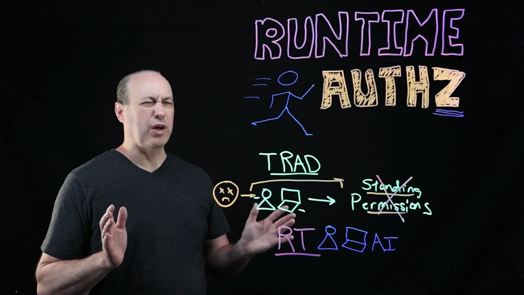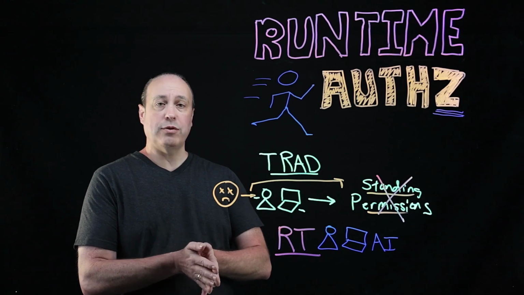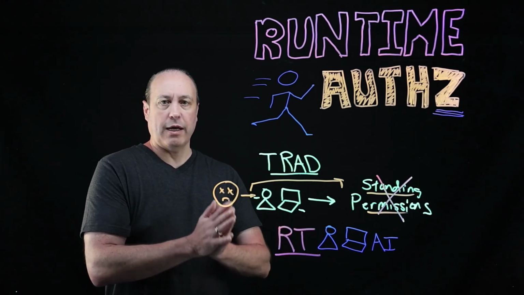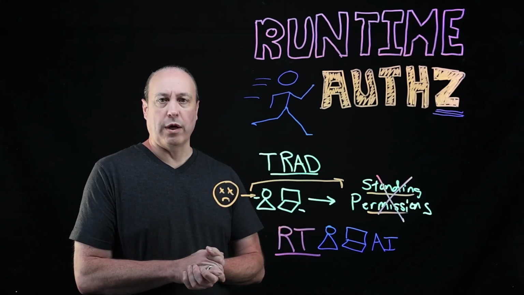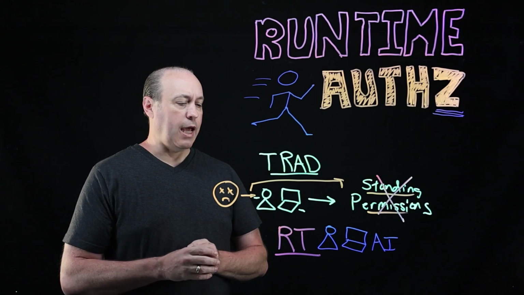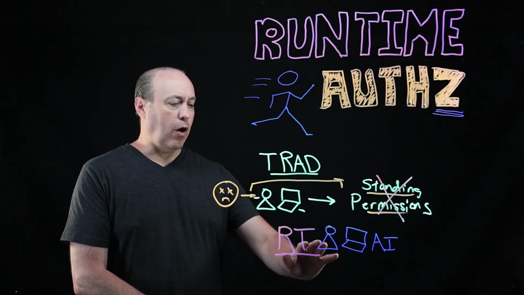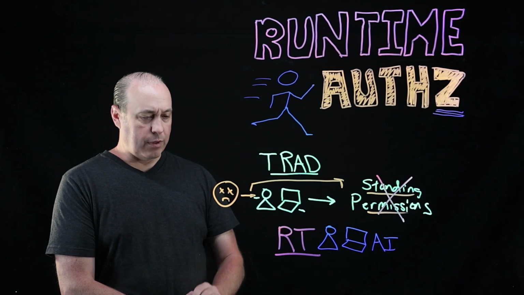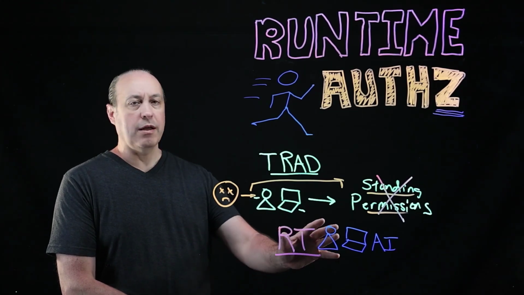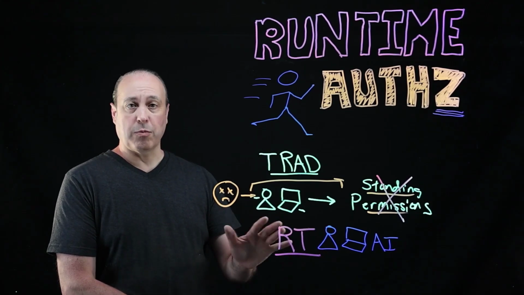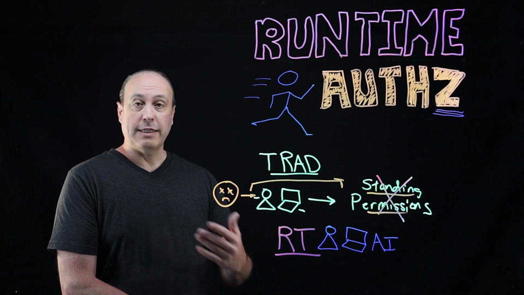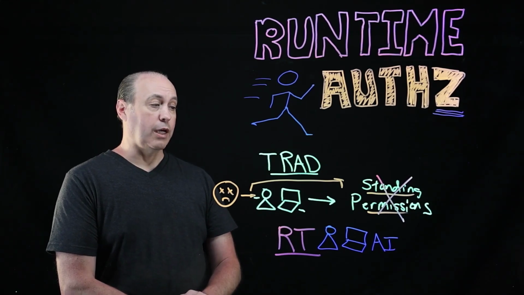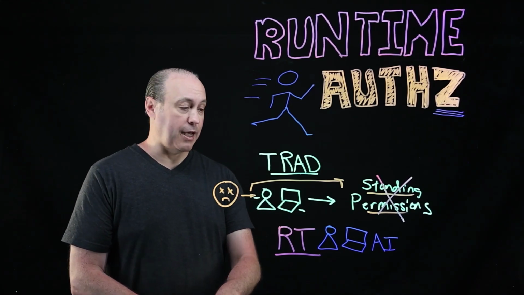We're outnumbering our humans with machines and AI by 100 to 1, 200 to 1. And if all of these things have standing permissions in the cloud, then when the bad guys come in and steal something, they can get access to so much more damaging information and data, and they can really make us have some really bad days ahead.